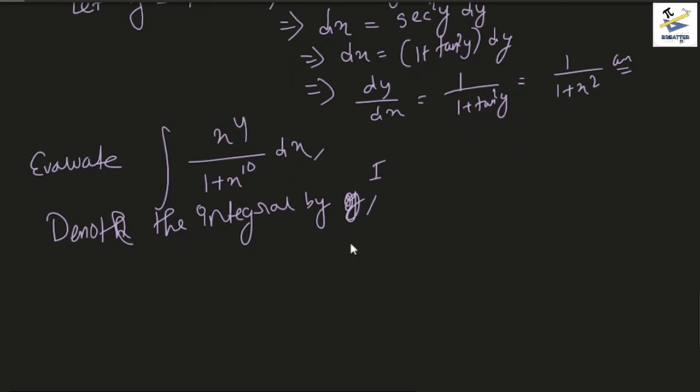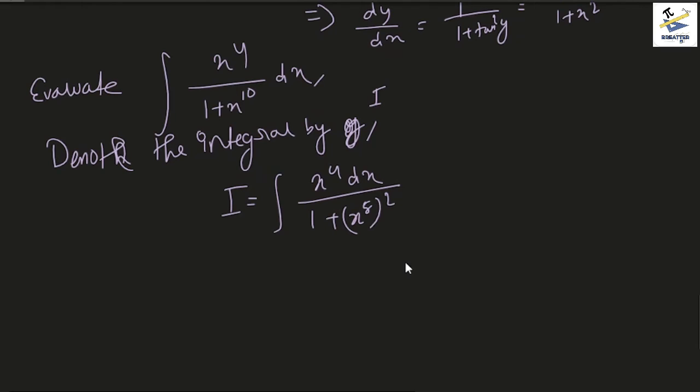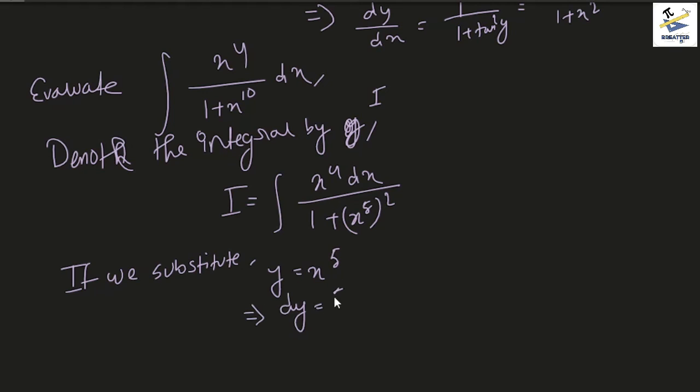Then what we get is this: capital I is equal to the integral of x to the power 4 dx divided by, and we can write x to the power 10 as x to the power 5 whole squared, because in that case, if we substitute y equals x to the power 5, what we get is dy is equal to 5 times x to the power 4 dx.